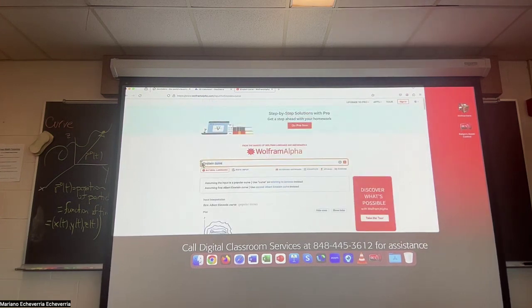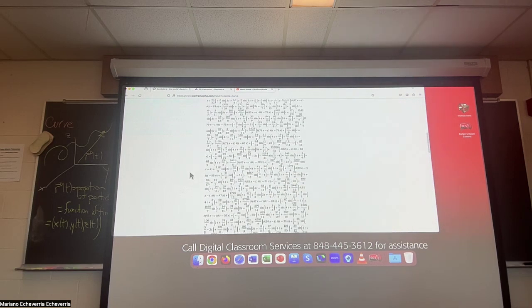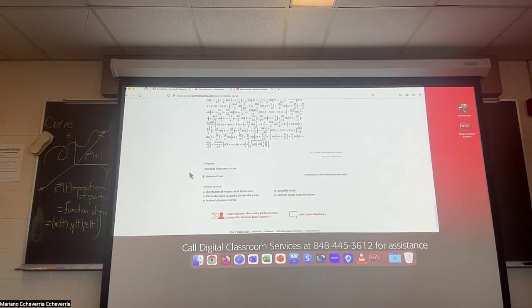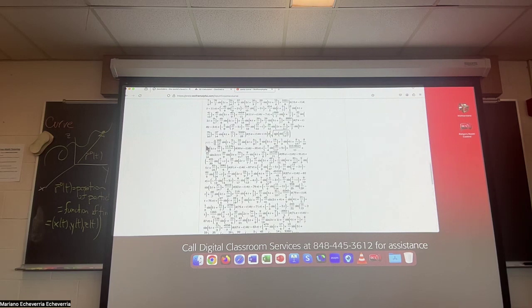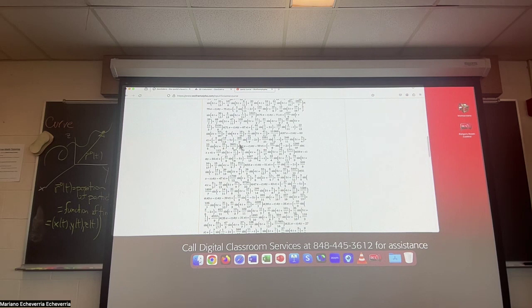It doesn't have to be real people. You can put a center curve also, and there's a center curve as well, with a similar expression. Of course, it's a huge mess, but the important thing here is that everything depends on T. That's what I'm trying to convey.